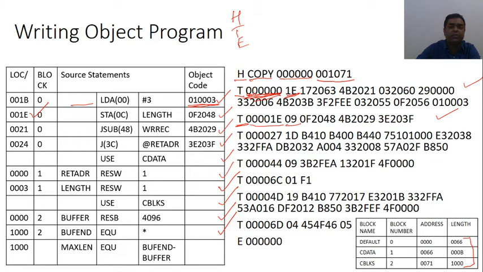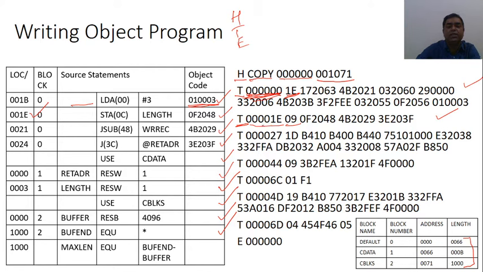In the case of the default block, the starting address is 0000. When we add 0000 to the starting address of a text record, we get the same value.